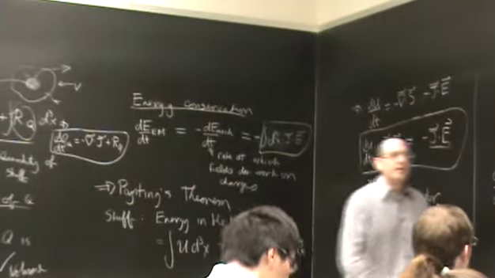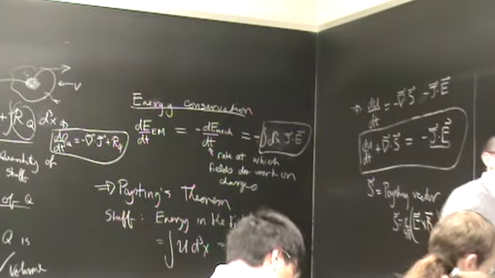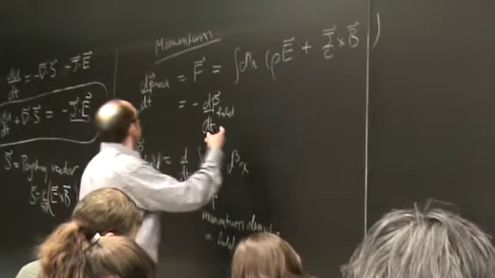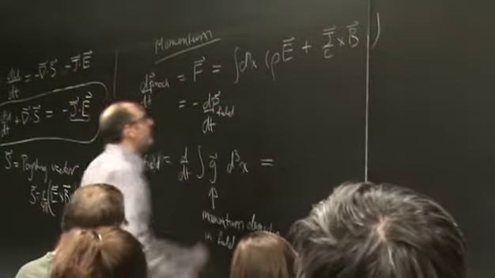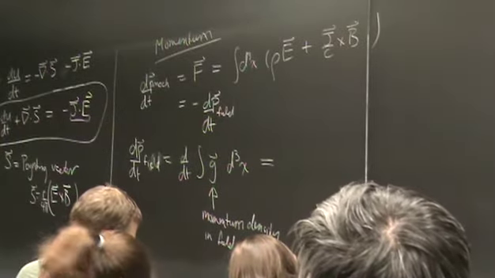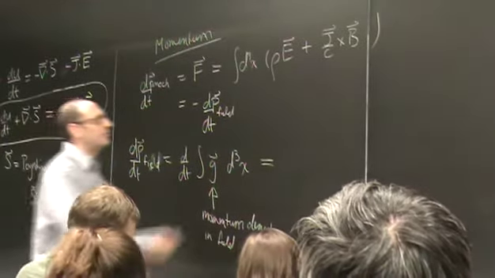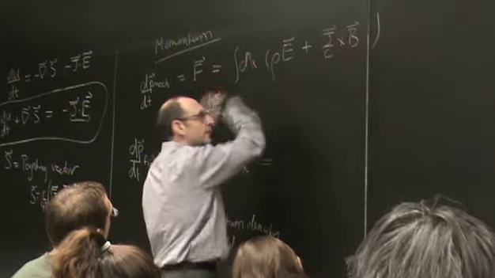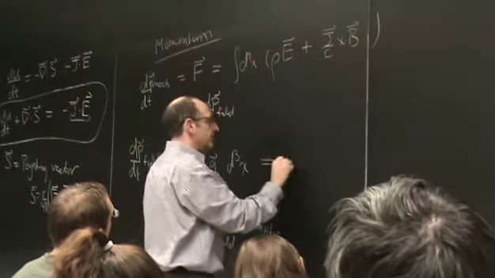So we're going to try to figure out what that momentum density is today. But whatever that is, if it's increasing, it's because momentum is coming from the charges and being put into the field. So this is minus.